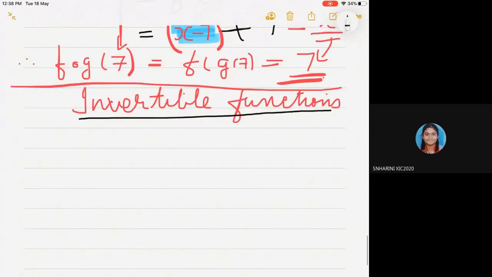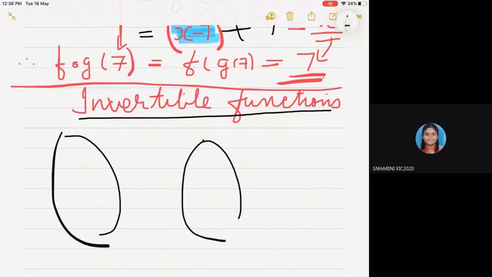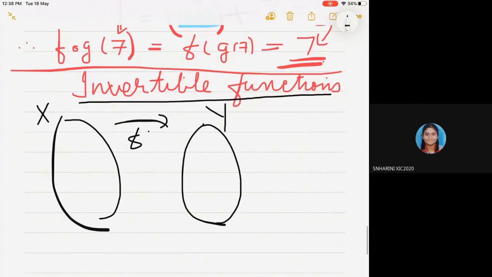Invertible function. For example, just to see, we are defining a function from x to y. f is defined from the set x to the set y. A function f is said to be invertible if there exists a function from y to x.